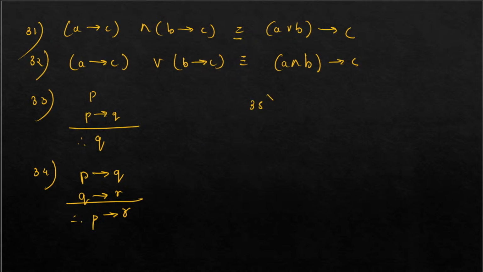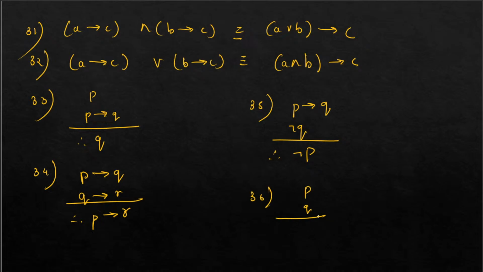And the 35th is P implies Q, negation Q, so negation P will be the answer. This is modus tollens. The 36th is P, Q, and this will give the result P and Q. So this is the rule of conjunction. So note this, everyone.